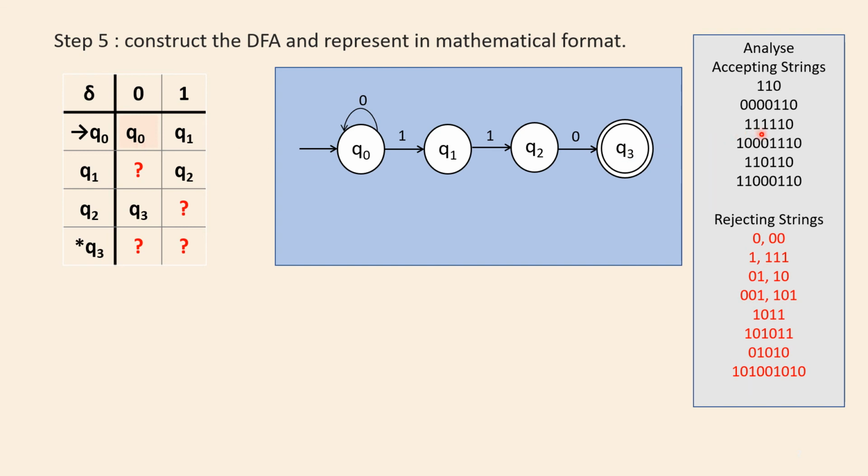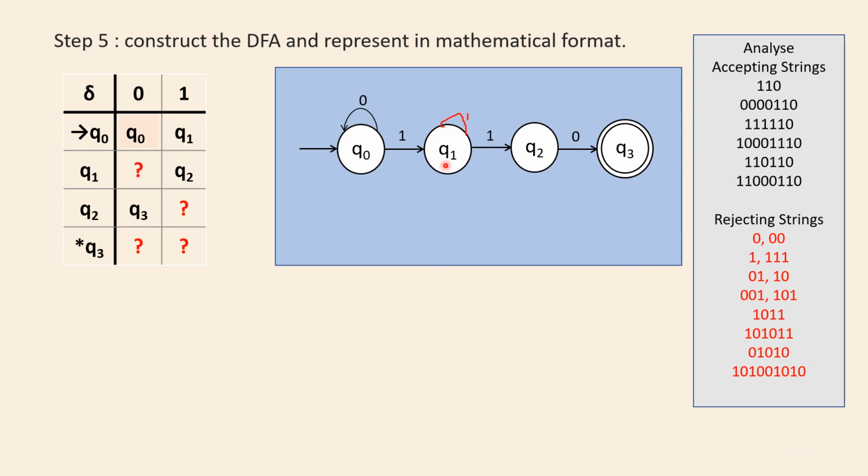Now I have n number of ones ending with 110. Now if I loop n number of ones in Q1, then we have a confusion state here. So if I have 1110, what happens? The first one comes from Q0 to Q1 and then n number of ones ending with 110. What happens?